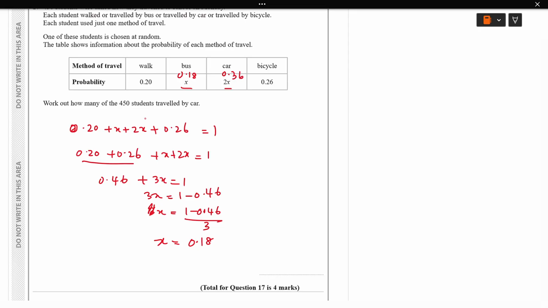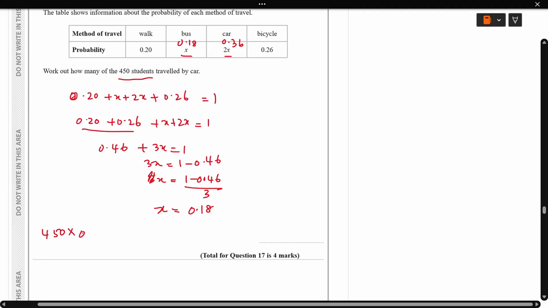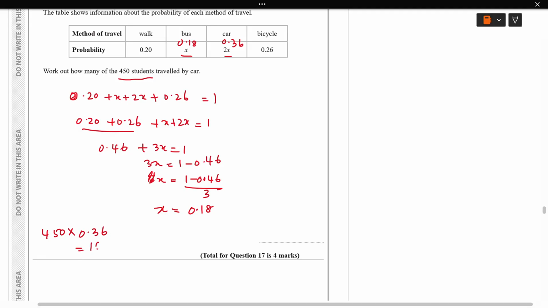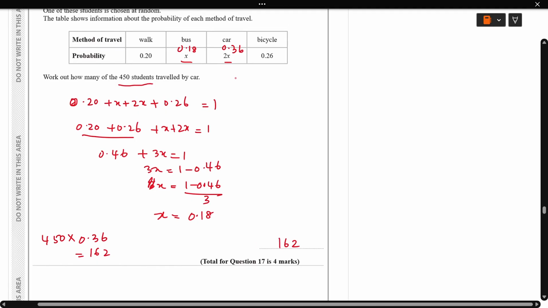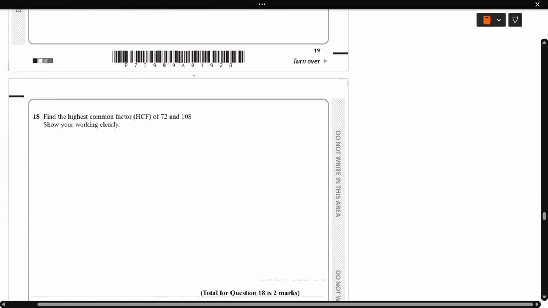Now, for the 450 students who come by car, the probability for car is 0.36. 450 times 0.36, the answer is going to be 162. So 162 students travel by car.